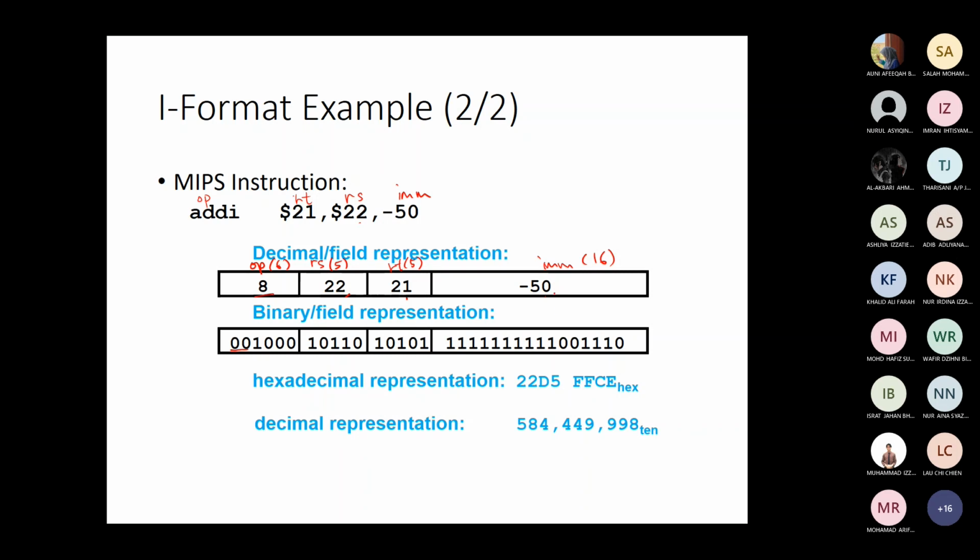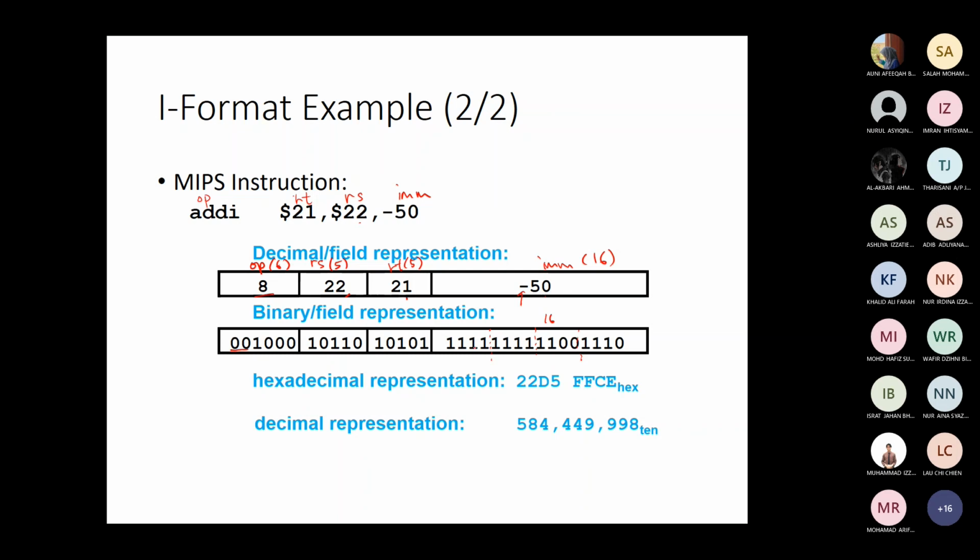For negative 50, this is a negative sign bit, so make sure the value of 50 is sign extended until 16 bits. I would count how many bits you have in your immediate.